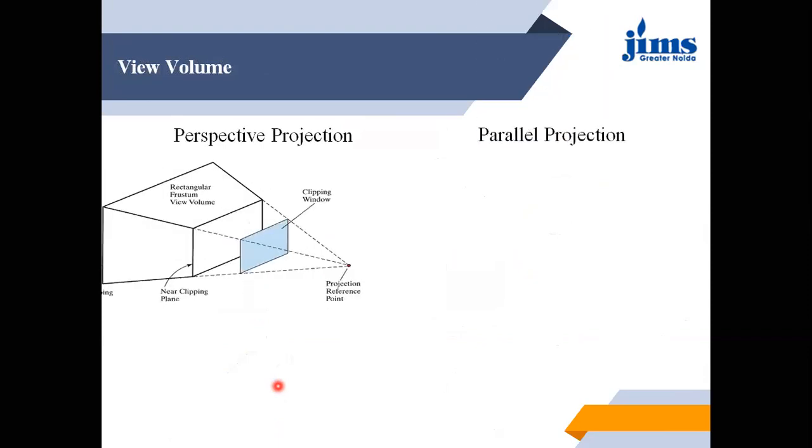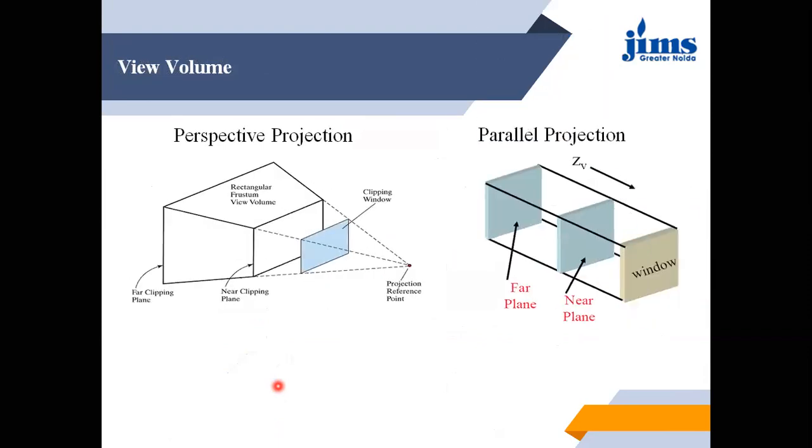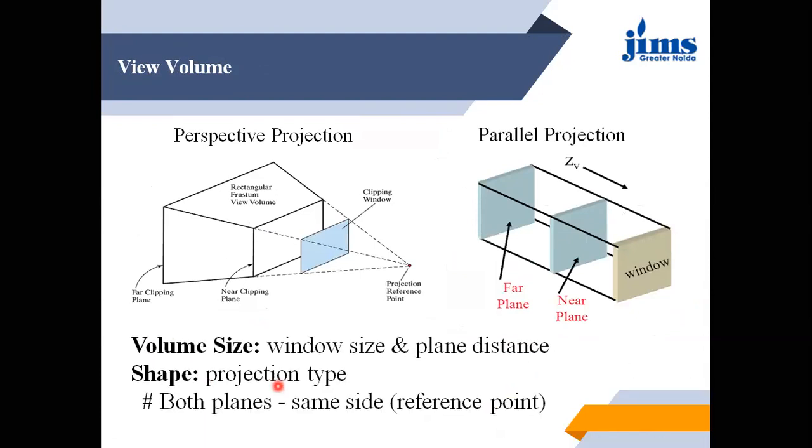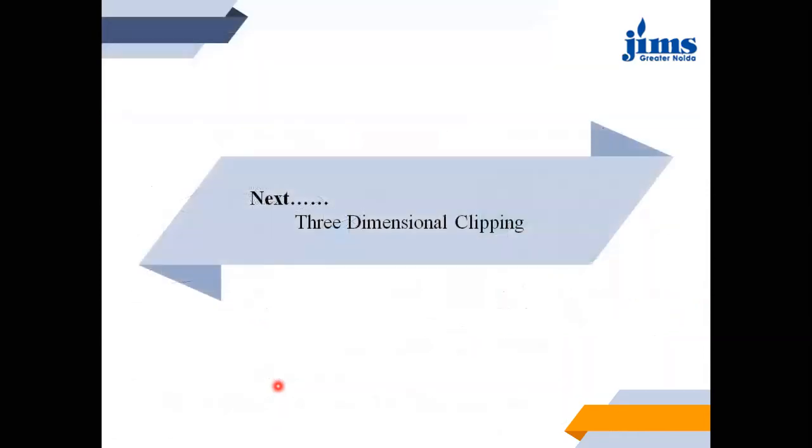In the last part we discussed the view volume. As I told you, this is not part of our syllabus, so I think this is the complete description of projection.